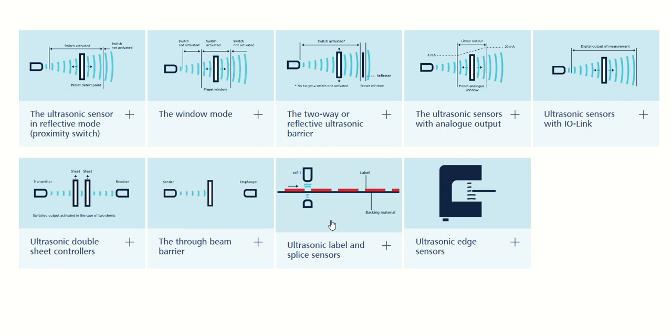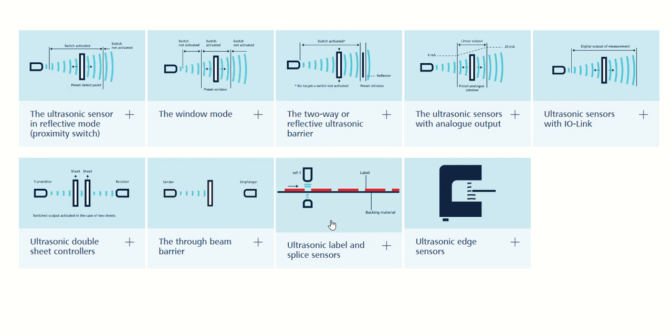Then we have the ultrasonic double sheet controllers, in which we have two sheets rather than one. Then we have the through beam barrier, in which the signal has to go through a particular hole in the ultrasonic sheet, so it would only allow a small beam to pass through it.